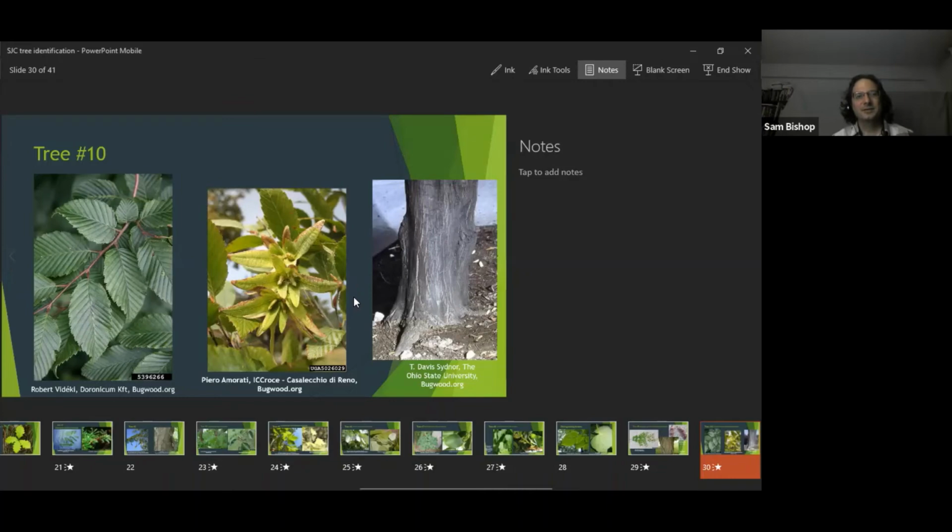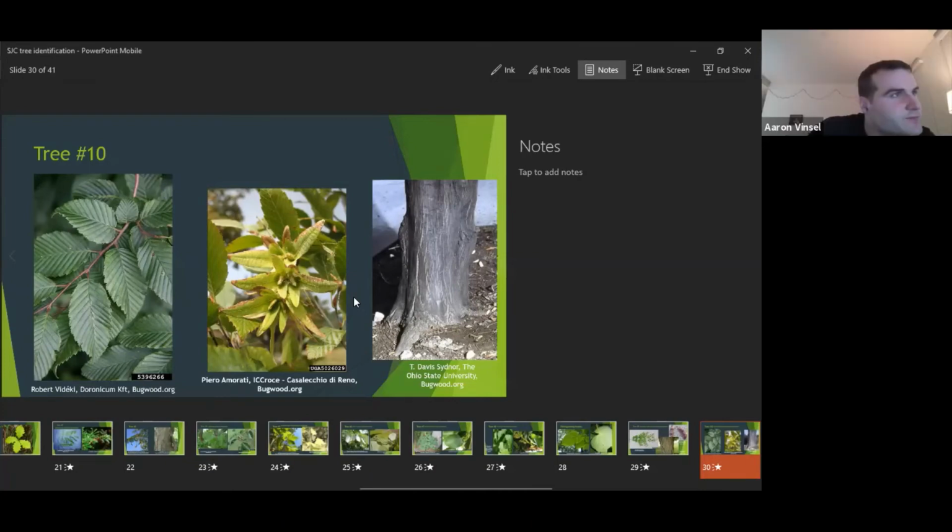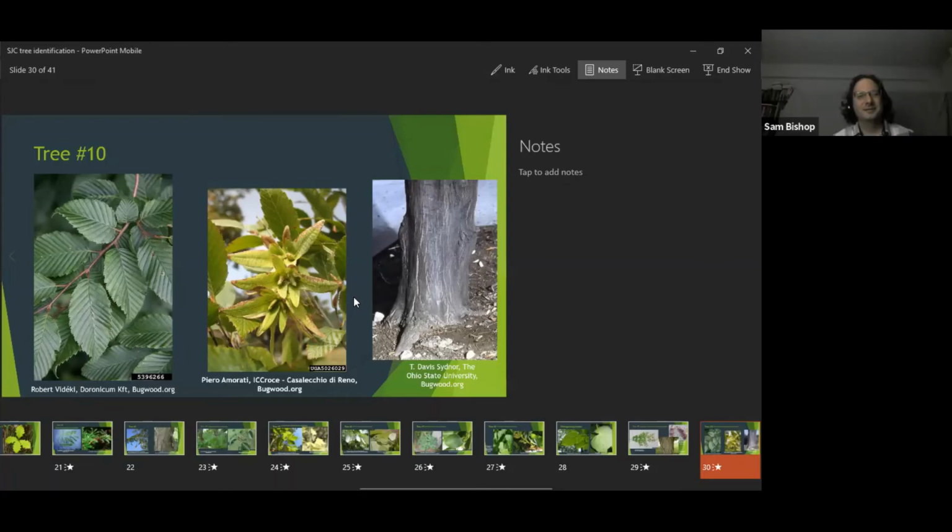So looking at the leaves on the left, opposite or alternate? Alternate, yes, absolutely. Simple or compound? Simple. What about the margins?